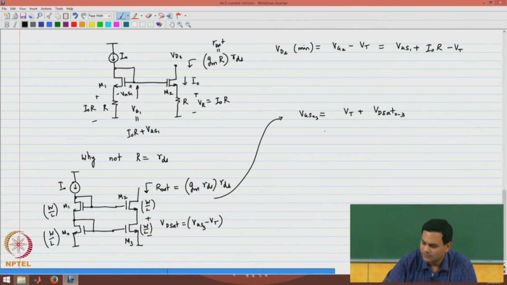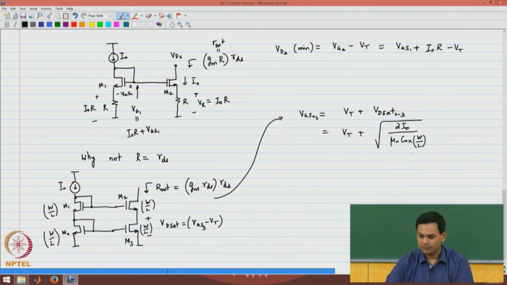This is VT plus root of 2 I naught over mu n Cox W over L. Since all transistors have the same bias current and the same width and length, this VGS will be valid for all transistors. So now I need to find out what the bias voltages are in the different parts of the circuit.